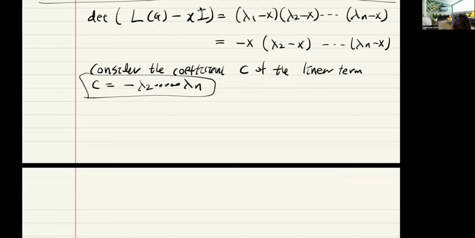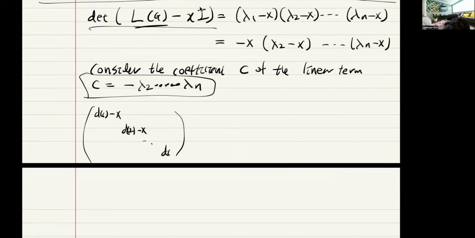Okay, but what is it? So in this determinant, you have like T1 minus x, T2 minus x, Tn minus x on the diagonal, and then you have other things here.